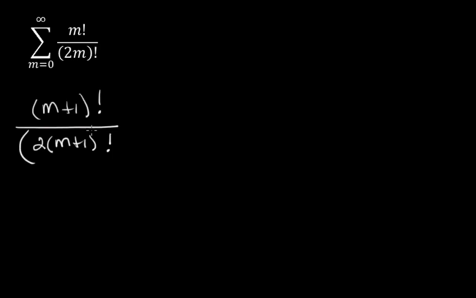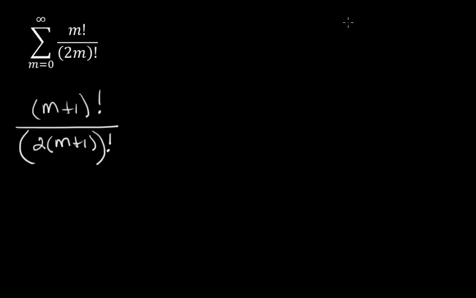Well, here we have factorials, and so we'll use the ratio test. And on this one, it's just very important to keep your parentheses on and to be careful. You want to put in m plus 1 everywhere you see m. So we have m plus 1 factorial over 2 times m plus 1. Now, if I just put the factorial like that, that's no good.